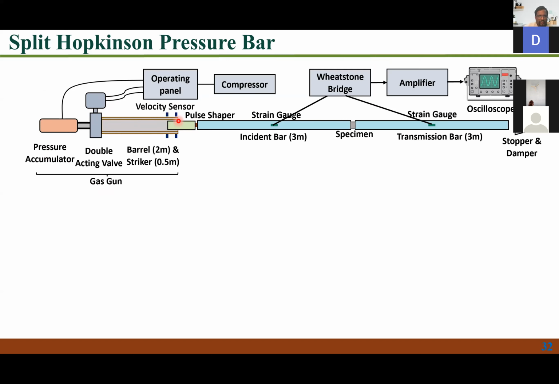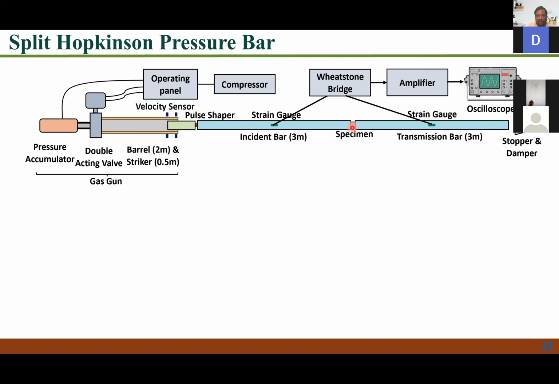Because of the sudden release in pressure, it is going to push the striker through the barrel. The striker will come at a high velocity and hit this incident bar. The specimen is usually sandwiched between the incident bar and the transmission bar. When you impact the incident bar, you generate compression stress waves. The stress wave travels through the specimen.